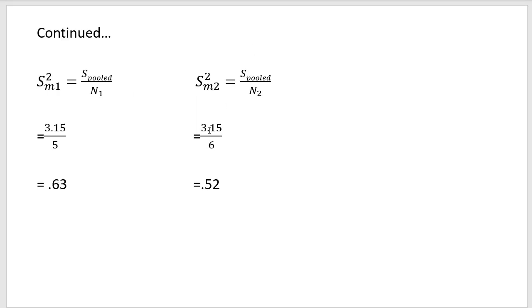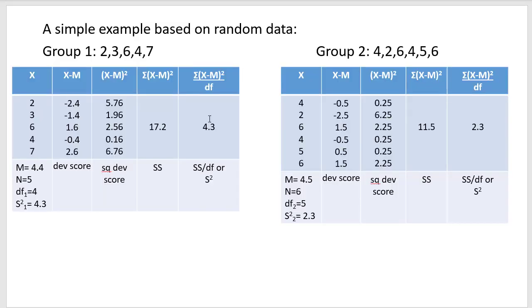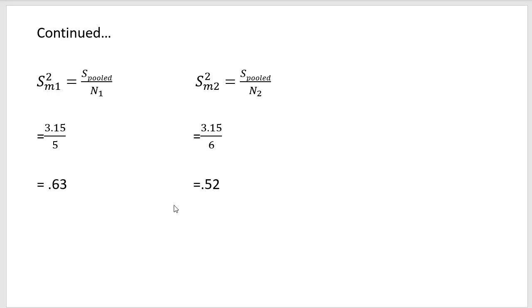And the variance for group 2 is calculated much the same way, and the variance in this case went all the way from 2.3 down to 0.52. So that was a significant reduction in variance because we are trying to create a distribution that is of the same size sample as our samples in the case.